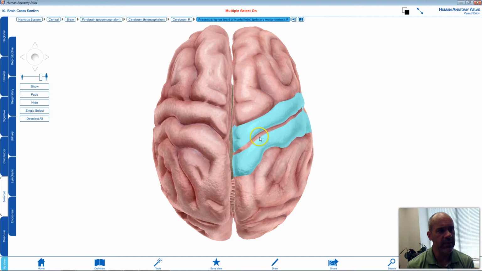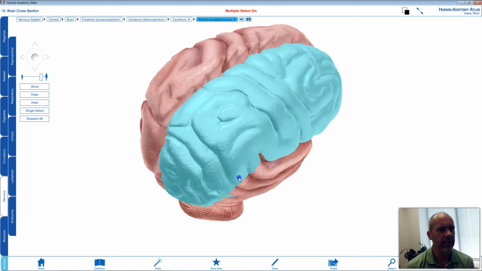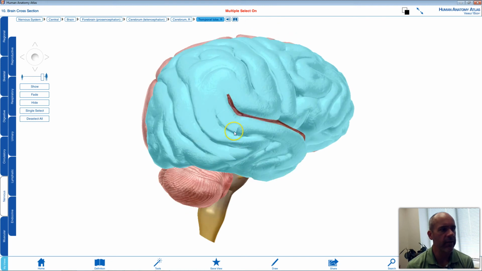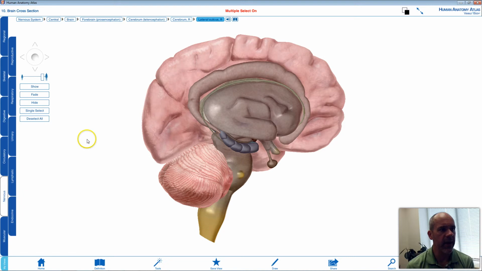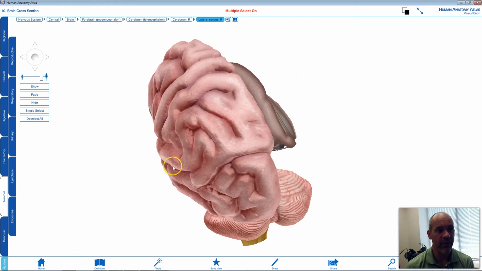I'm going to highlight the different parts of the right cerebrum here. I'm going to try to hide that. All right, so I've hidden the right cerebrum. I've left the left cerebrum intact.